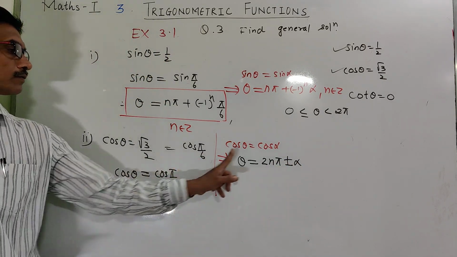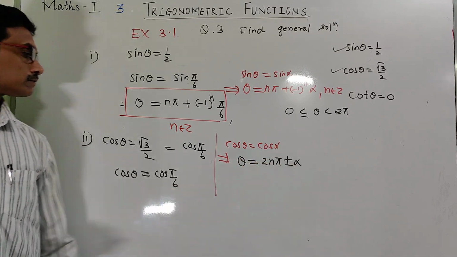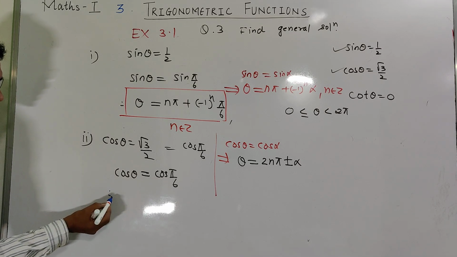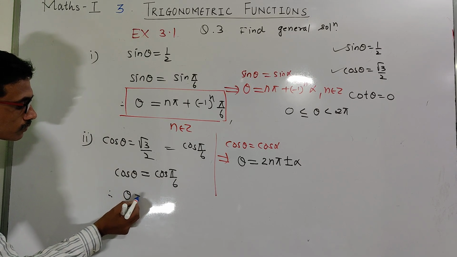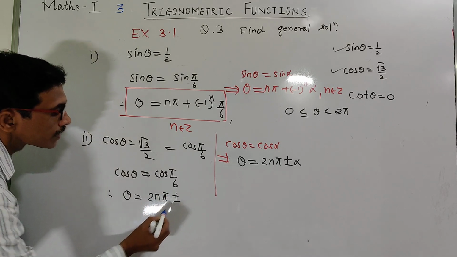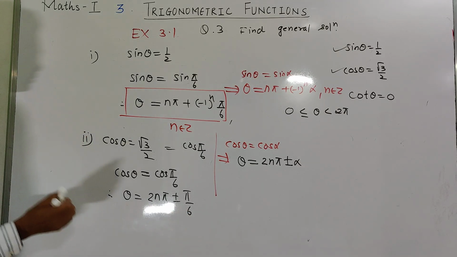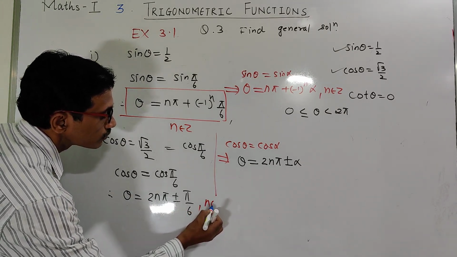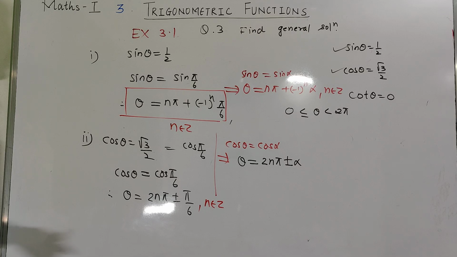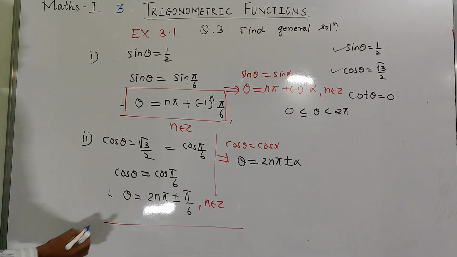Compare this equation with this equation, alpha is pi by 6 here. So therefore the solution is theta is equal to 2n pi plus minus pi by 6. You must write that n belongs to integer Z. This will be the general solution of this equation.